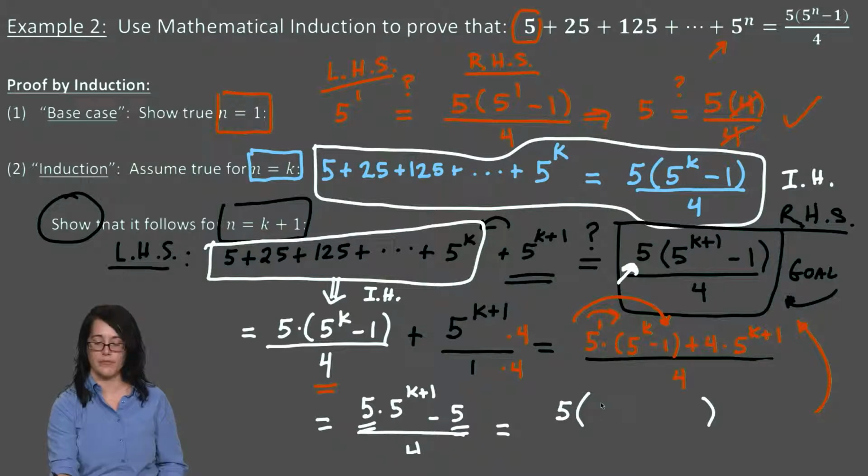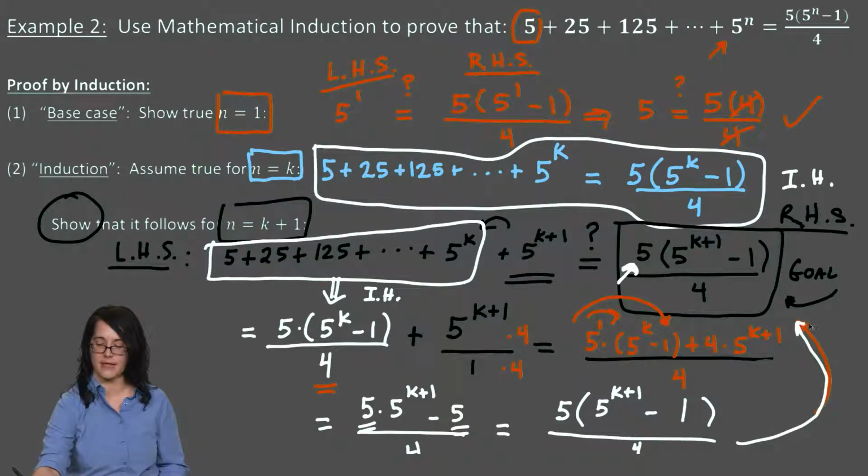What would be left in parentheses? 5 to the k plus 1 minus 1. Because 5 times negative 1 is negative 5, isn't it? All over 4. So notice what we have here. The left-hand side now, in fact, does equal the right-hand side. So we have, in fact, shown by induction that our statement is true for all n.